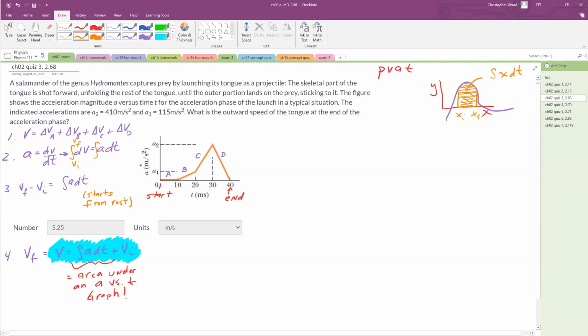Number 5 says the following. Let's figure out the change in velocity for segment A. And you know what? That's going to equal 0. So we're done with that. We're done with part A. The change in velocity for part A is 0 meters per second because the acceleration equals 0.